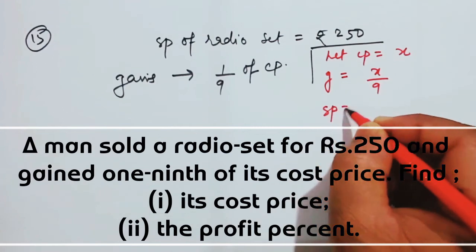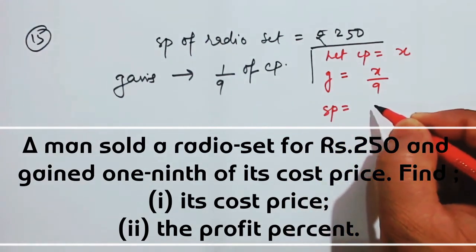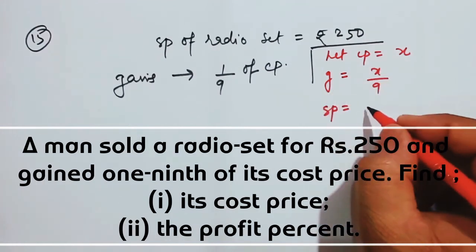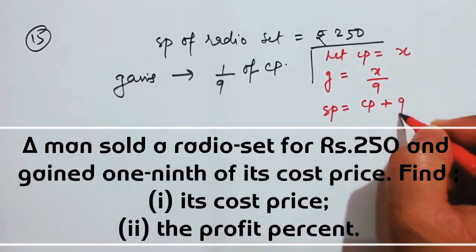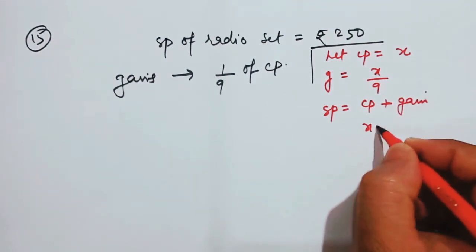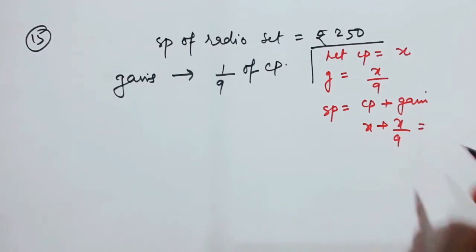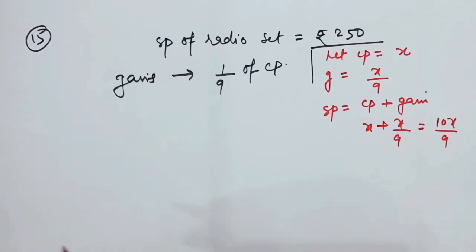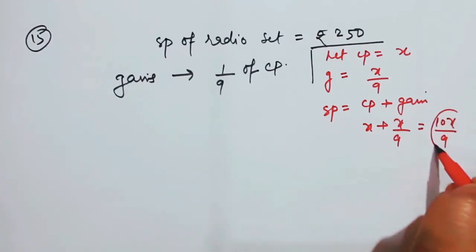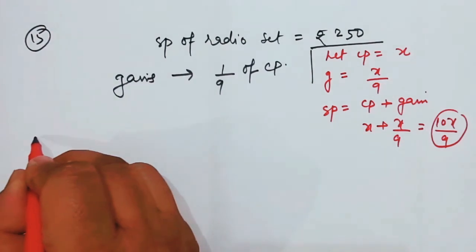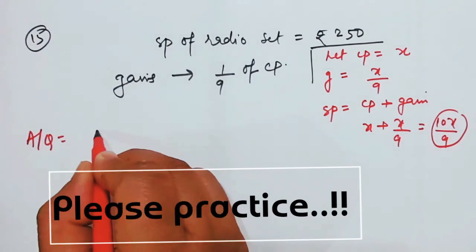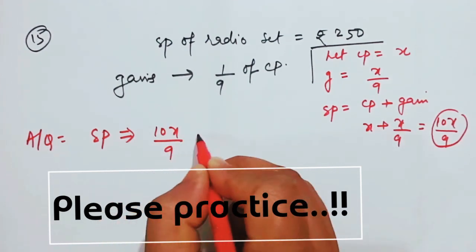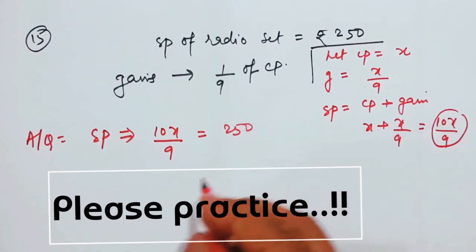So my selling price will be equal to, क्या होगा? ज़्यादा होगा ना बेटा when gain हो रहा है भाई, तो selling price is equal to CP plus gain, मतलब x plus x by 9 equal to 9x plus x, 10x by 9. This is your selling price. And they have given you, according to the question, that selling price जो कि 10x by 9 है is equal to 250.